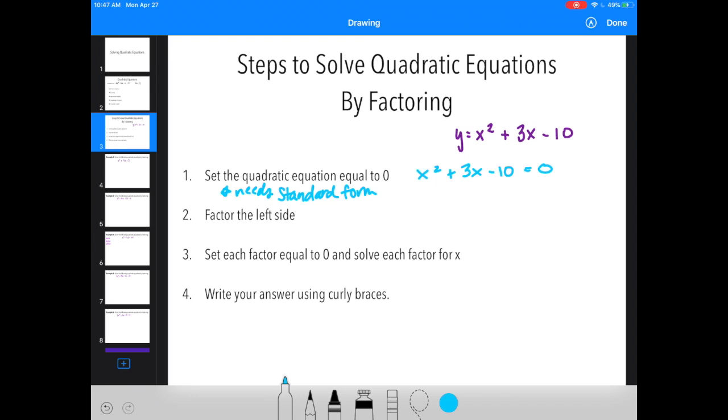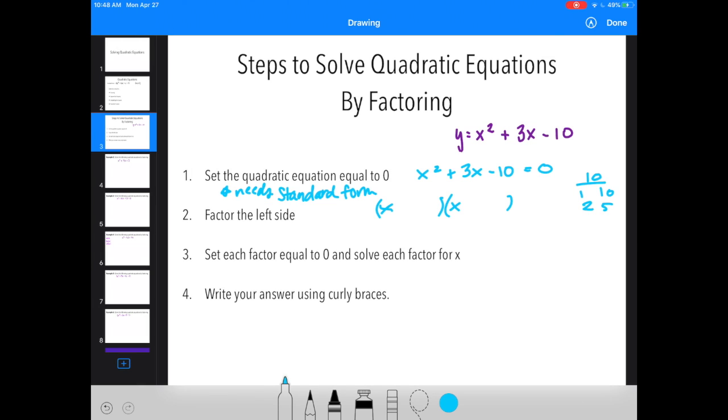Okay. So now that I have that standard form, I'm going to factor. Remember I break it up into my 2 parentheses. I have x and x. I want to figure out what added together equals my middle term and what multiplied equals my c, my last term. Let's think about my multiples of 10.